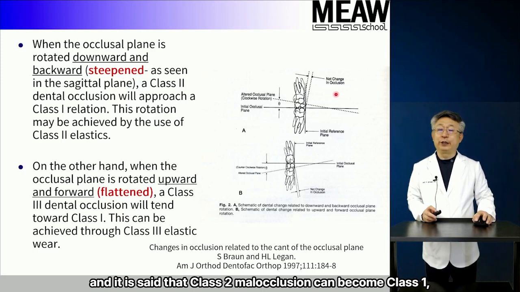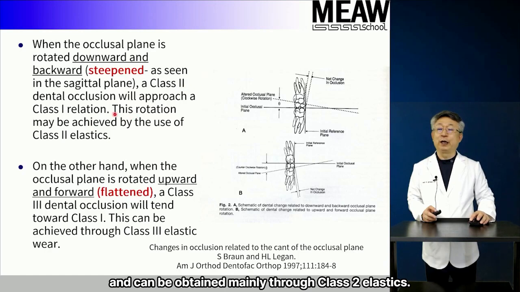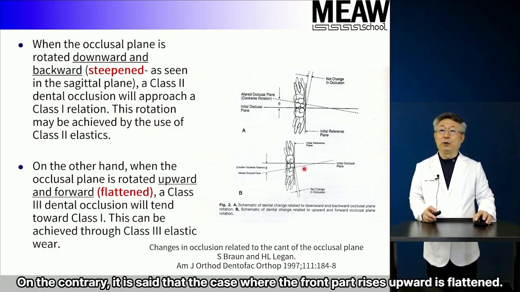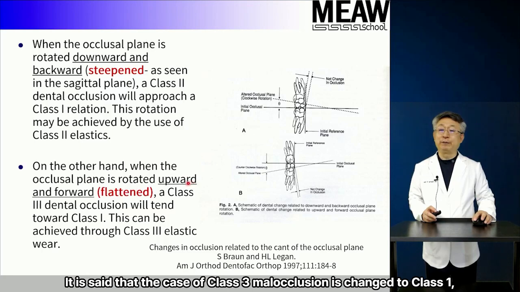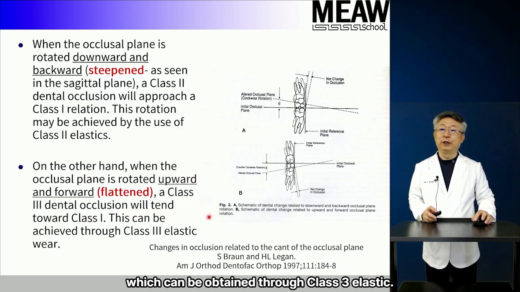And it is said that Class 2 malocclusion can become Class 1, and can be obtained mainly through Class 2 elastics. On the contrary, it is said that the case where the front part rises upward is flattened. It is said that the case of Class 3 malocclusion is changed to Class 1, which can be obtained through Class 3 elastics.